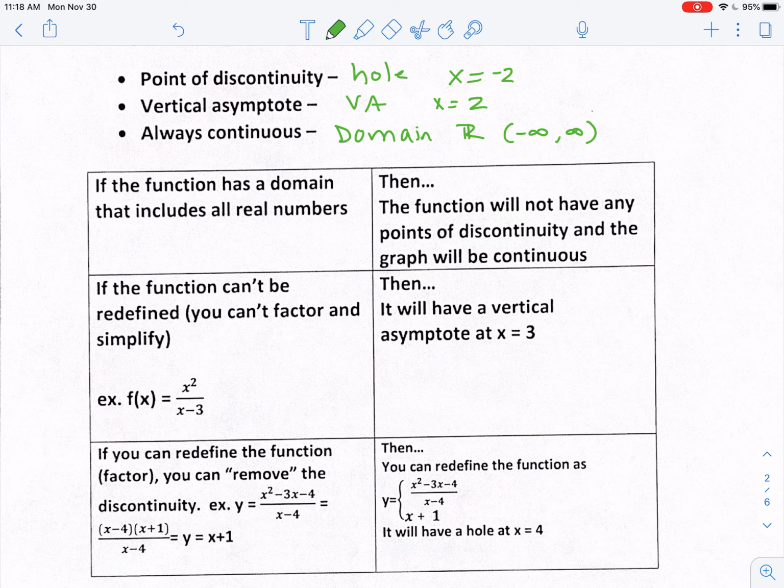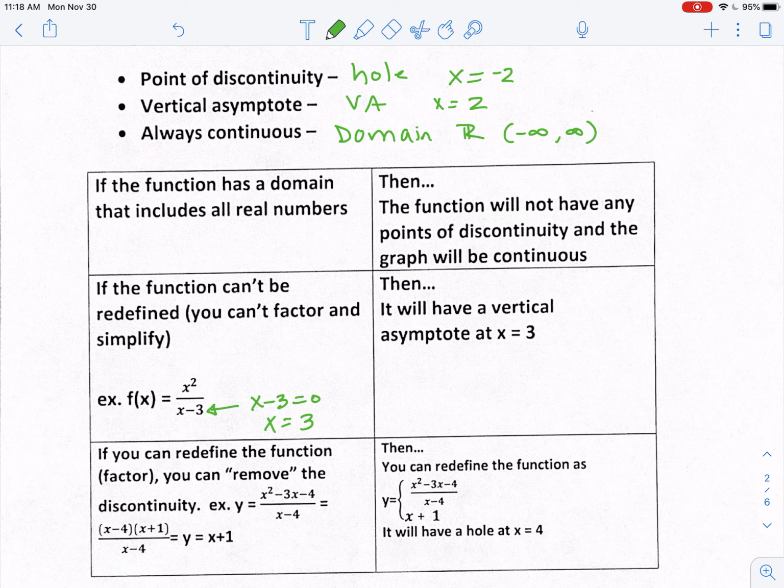And if the function can't be redefined, meaning you can't factor it and simplify, you're going to have a vertical asymptote at whatever makes that denominator 0. So I would say, well, x minus 3 equals 0, so x equals 3 is going to be your vertical asymptote.